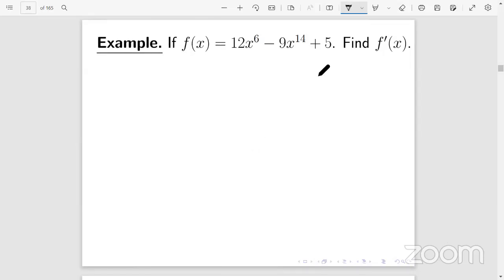We have another example. As you can see, this is pure power rule. I'm going to skip this and just scroll through the slides, because there's a number of concepts that I want to go through and that I need to ensure we understand. I believe the power rule is the easiest.